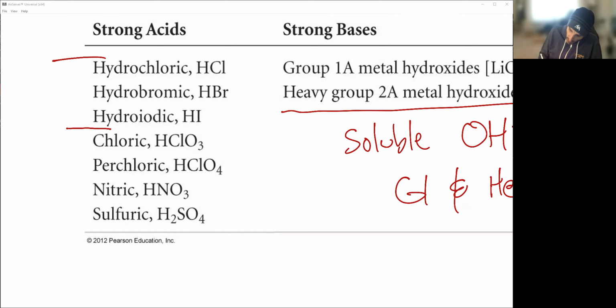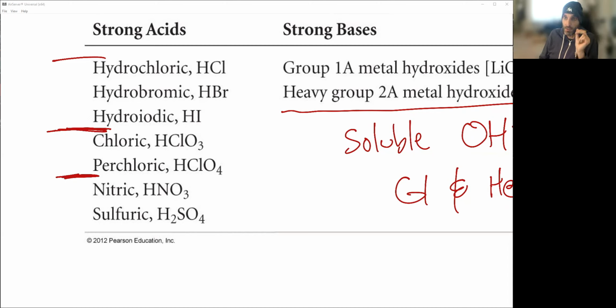There are also perchloric and chloric acid, HClO3 and HClO4, again 3 and 4, a lot of oxygens there. And then nitric and sulfuric, those are the strong acids. They're all around oxygen: nitrogen, sulfur, chlorine, bromine, and iodine, right in that corner of the periodic table. So those are considered the strong acids.